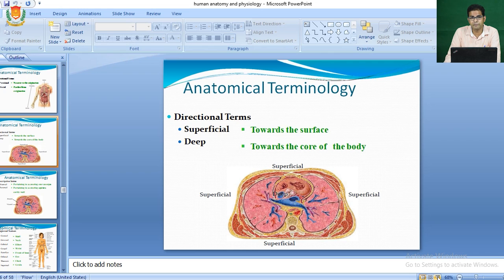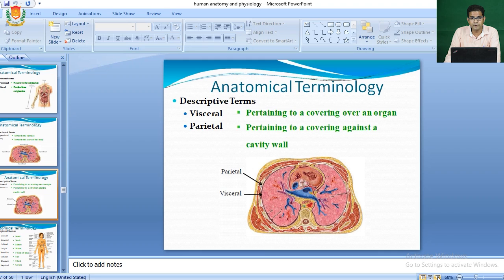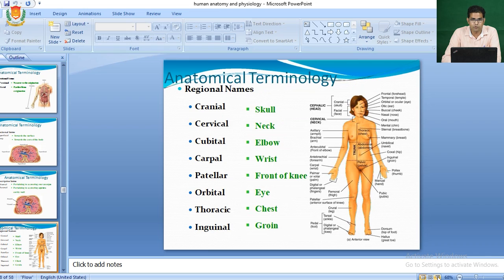Next is visceral and parietal. Visceral pertains to the covering of an organ, while parietal pertains to a covering against the cavity wall. So these are the different anatomical terminologies like cranial, cervical, cubital, carpal, patellar, orbital, thoracic and inguinal, which refer to particular regions.